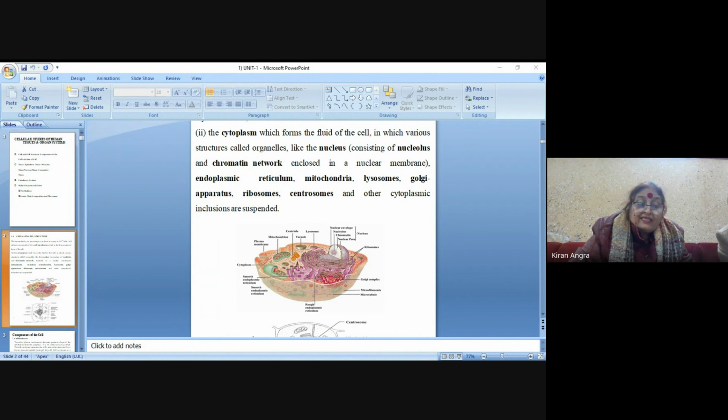It is roughly 10 nanometers thick, and this membrane separates the cell's internal environment from the outside environment. And what does it do? It is a selective barrier, meaning it allows the flow of certain materials into and out of the cell and prevents others, which shows that it is very selective.